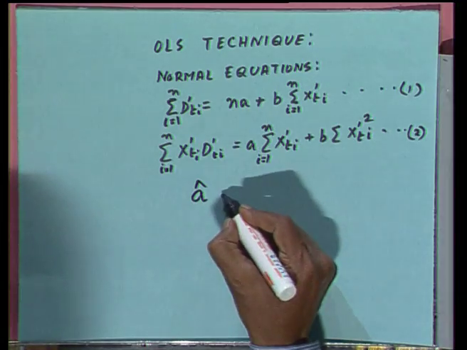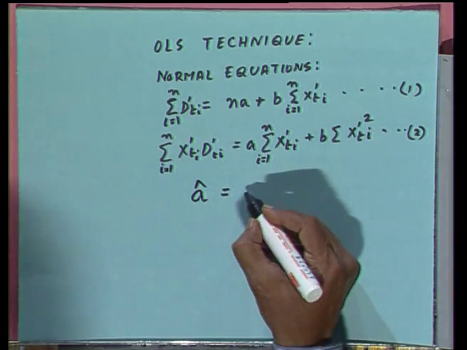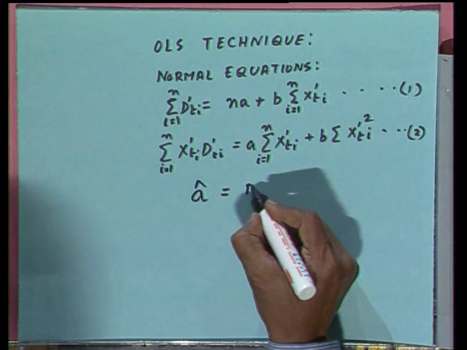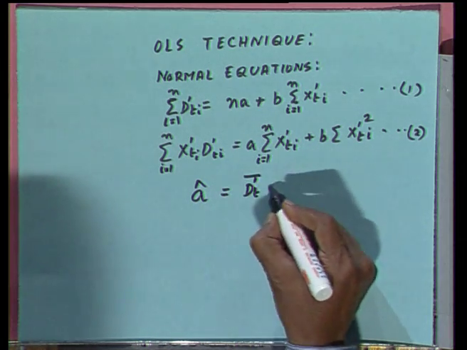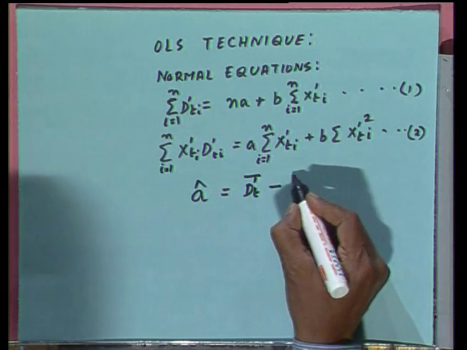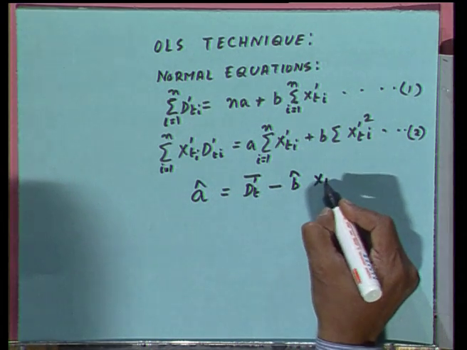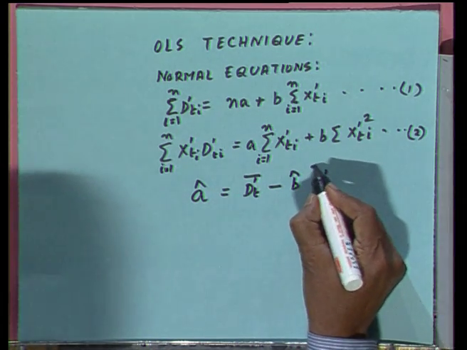So finally we will get an estimate like this, A cap or A hat as they call it, is equal to dt prime bar minus B hat xt prime bar.